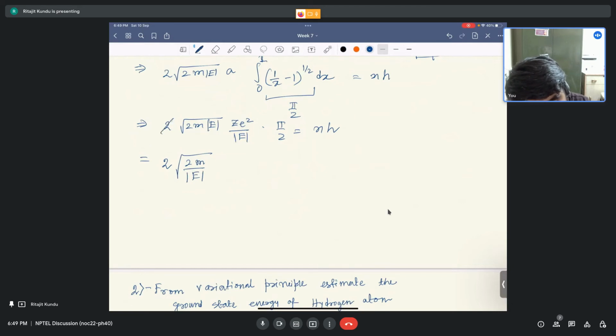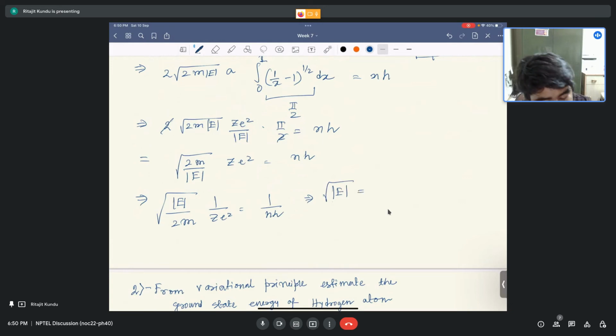Let's cancel this 2 with this one. Z e square is n h. Let's keep e on this side. 2m, 1 by Z e square becomes 1 by n h. So e mod, let's say square root, I am still keeping the square root, Z e square by n h, and square root 2m.